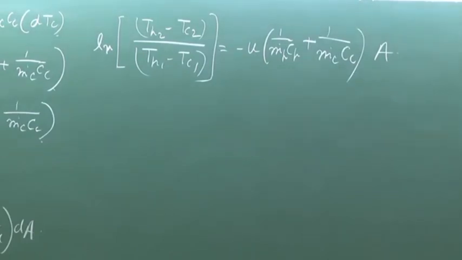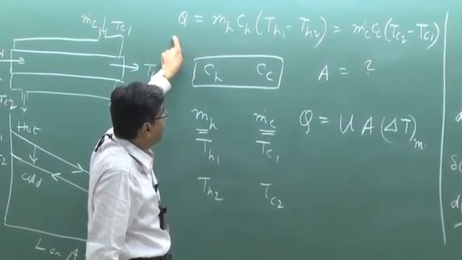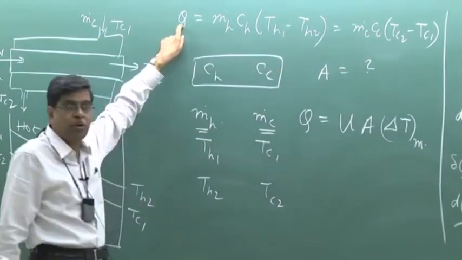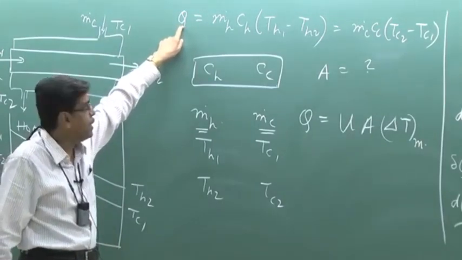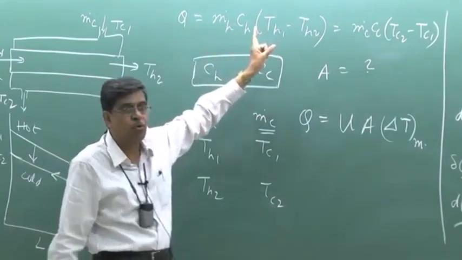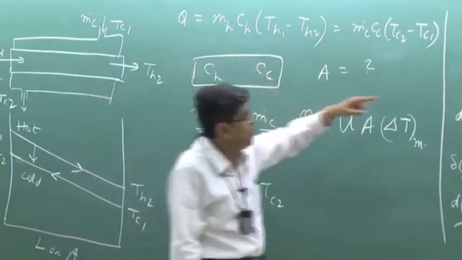Now I will substitute 1 by m dot HCH and 1 by m dot CCC from here. There are two equations. If you consider Q into the picture, Q is this and Q is this. That means this equality gives 2, and ultimately I can substitute 1 by m dot HCH plus 1 by m dot CCC.